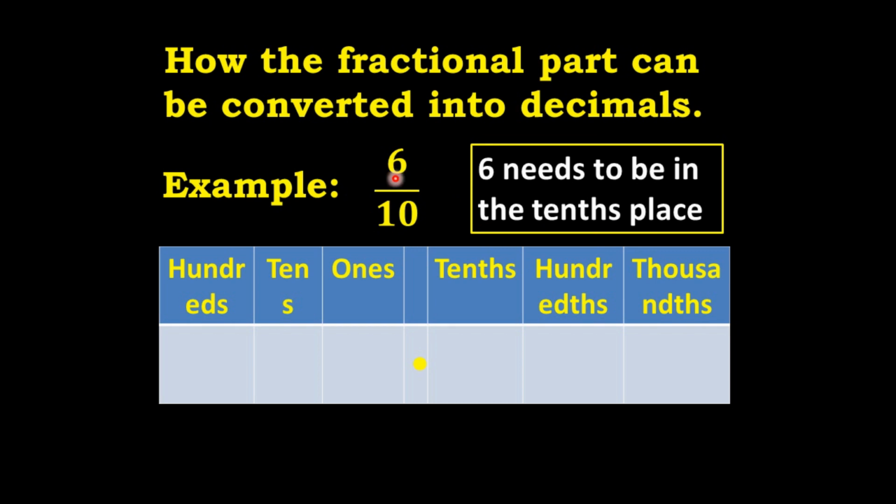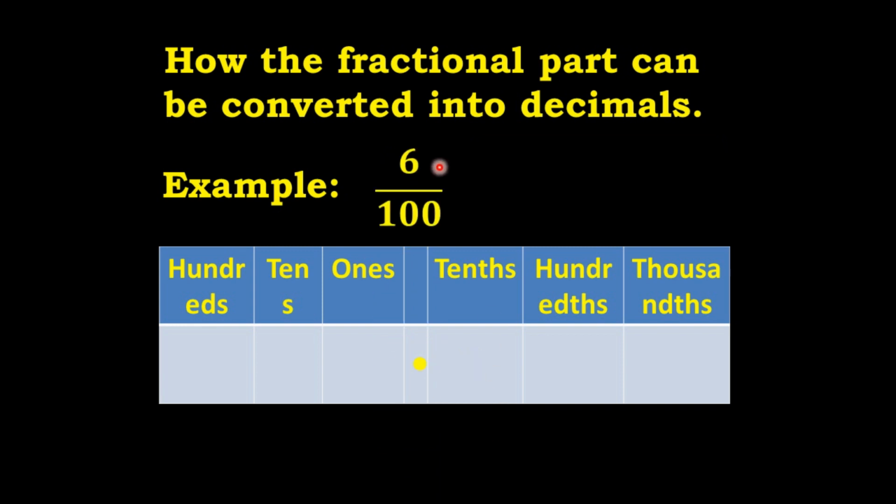If the numerator is 2 digits, just look at the last digit. Let us find out what the chart looks like. We place 6 at the tenths place. So meaning, the decimal form of 6 over 10 is 0.6. This is now the final answer.